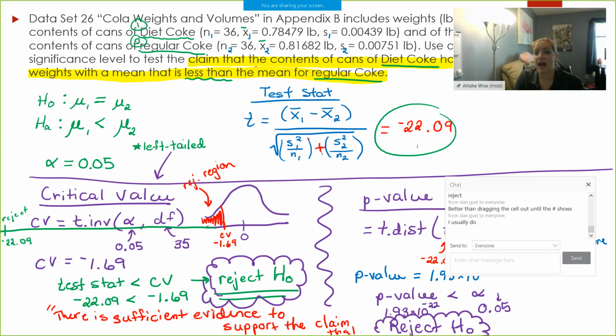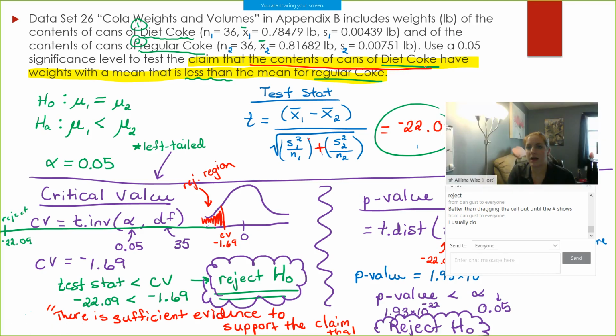That the contents of cans of Diet Coke have weights with a mean that is less than the mean for regular Coke. Somehow, Diet Coke, even though it has the same volume, weighs less than regular Coke. Interesting.